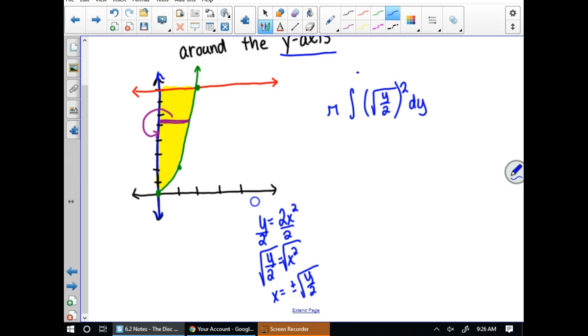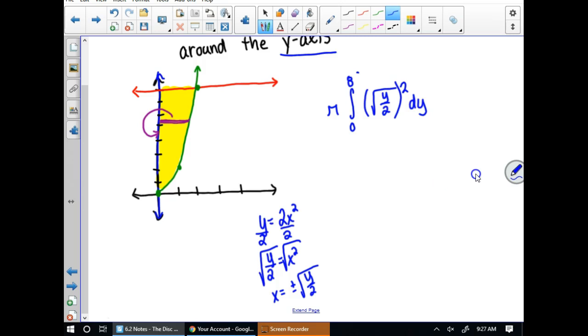And just like with our area, whenever we're integrating with respect to y, our limits have to come from the y-axis. So what should my limits be here? 0 to 8. Okay, so they have to come from the y-axis. Your lowest y coordinate is 0, your highest y coordinate is 8. 0 to 2 would be if we were rotating it around the x-axis.